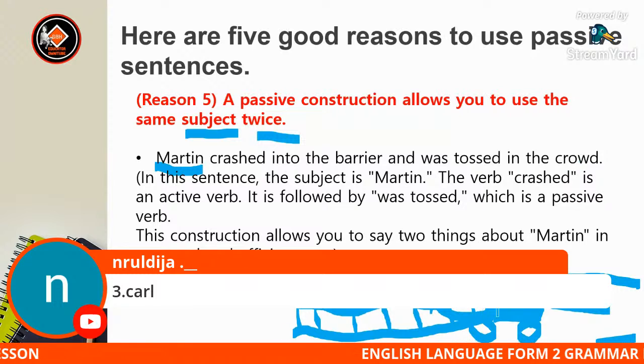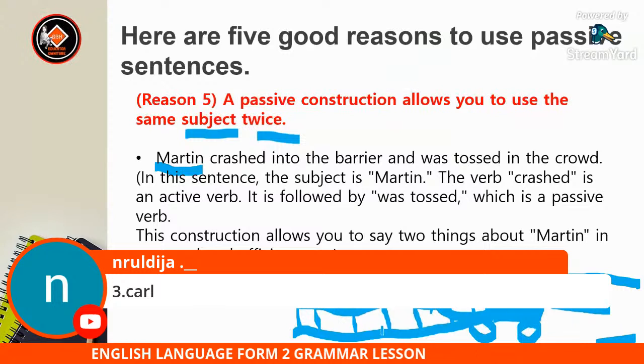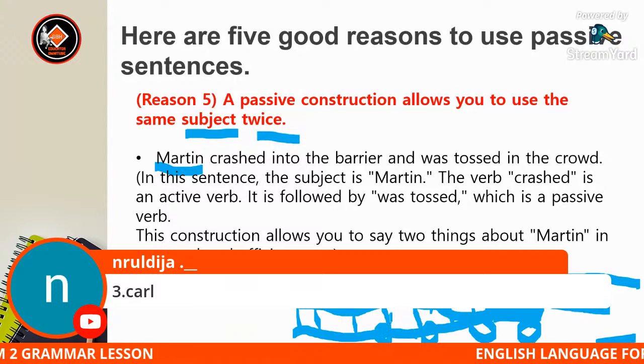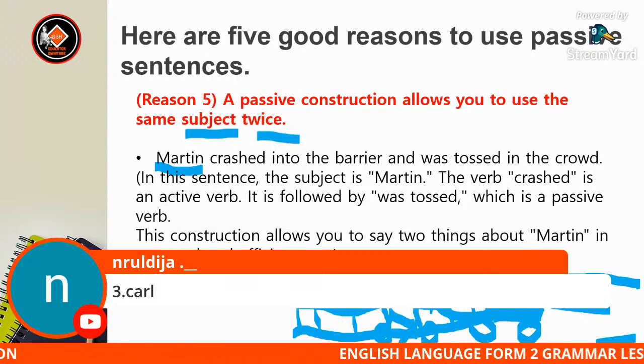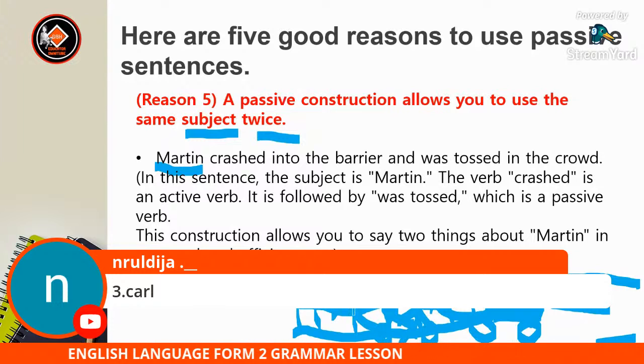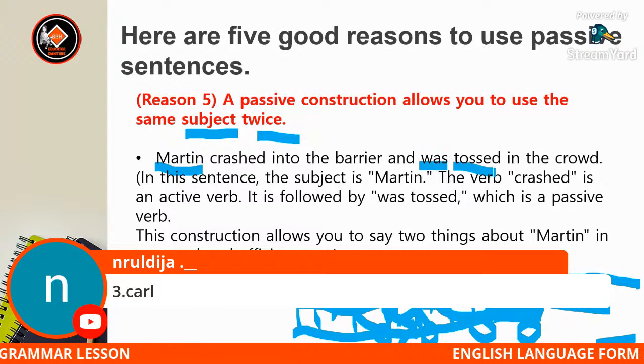Also, maybe there is a racing. For example, motorbike racing. So you are here, you are riding your motorbike. Okay, you are sitting on the motorbike. After that, you crash, you knock the barrier, and then you were tossed.